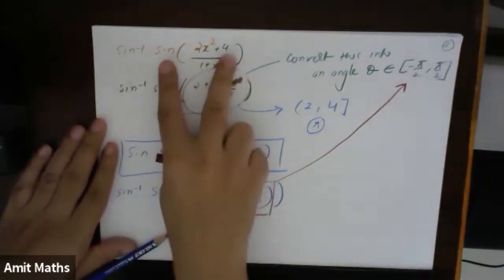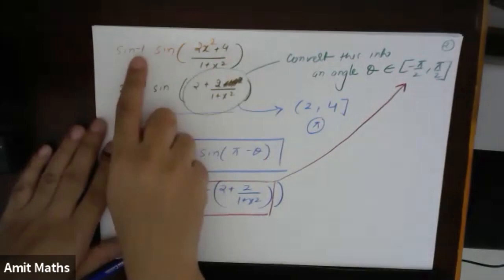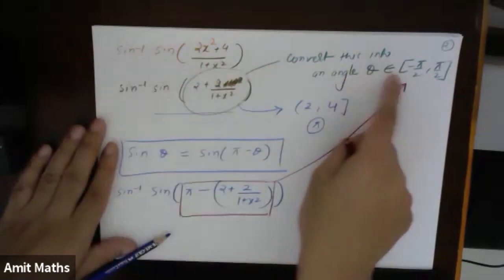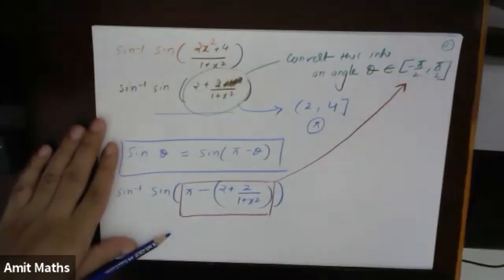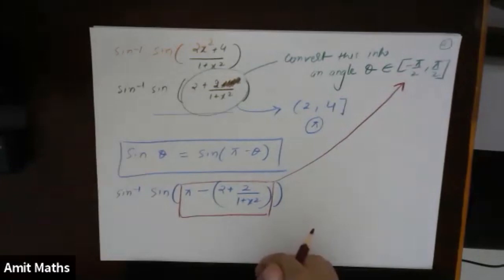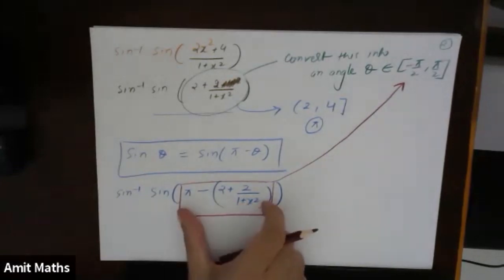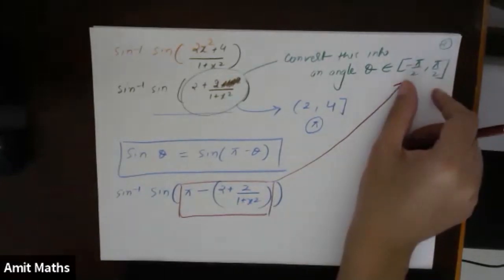A sine of something gives values from minus 1 to 1, but there is a sine inverse, so the output will be between minus pi by 2 and pi by 2. Think about it, Apurva. Just look at this. So now this thing becomes in between minus pi by 2 to pi by 2.